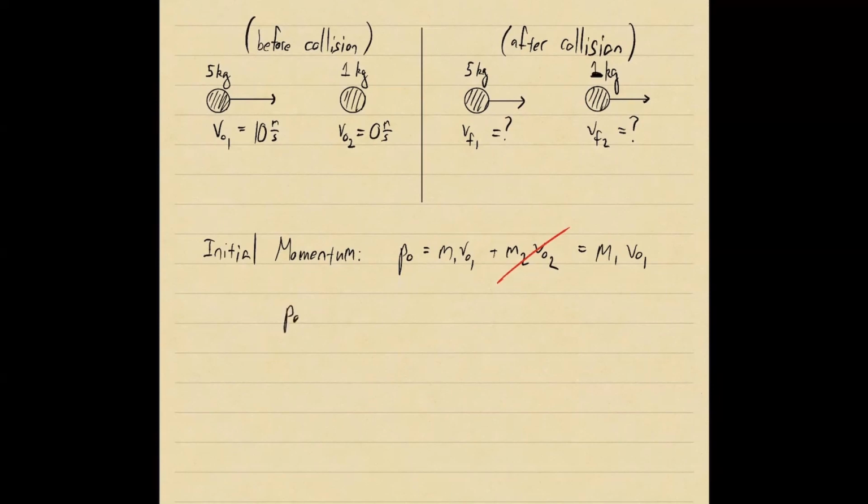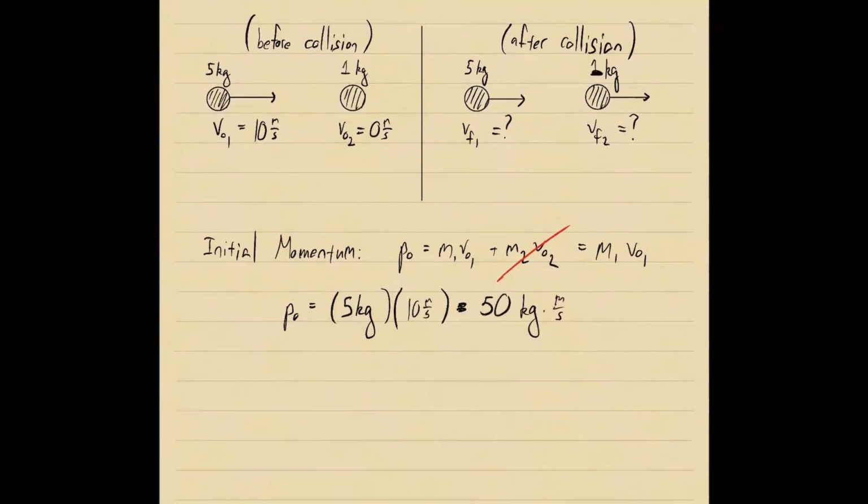All right, so let's calculate that now. Our initial momentum is the mass of the first ball, which is 5 kilograms, times its initial velocity, which is 10 meters per second. This gives us an initial momentum of 50 kilograms times meters per second. So this is the initial momentum of our system.